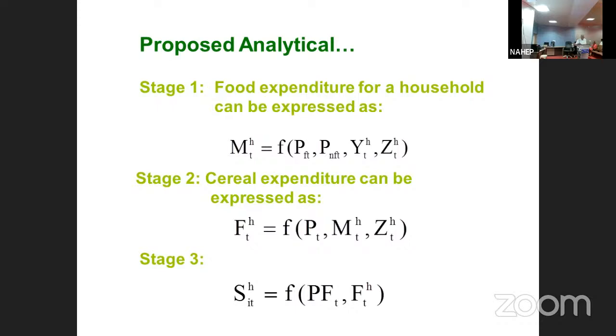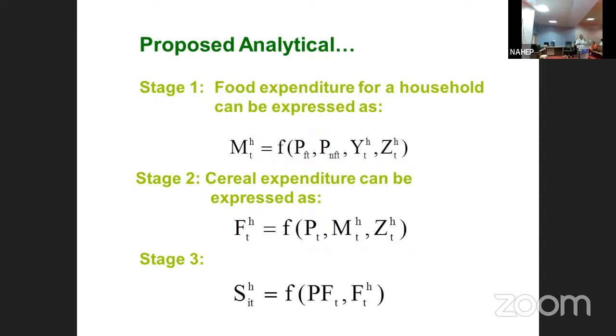Then we write cereal expenditure, which is a function of price of cereal and expenditure on food, right? This one, and then fixed factors. In third stage, share of individual.